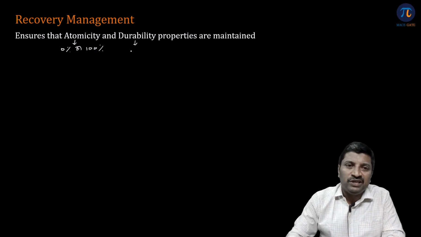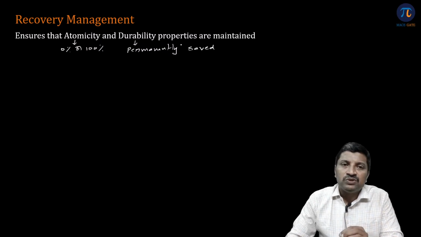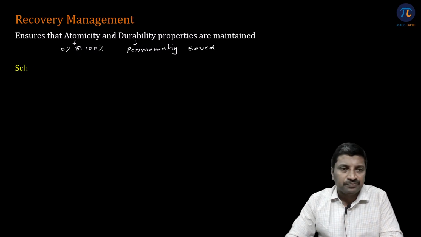What is durability? The data must be permanently saved. We should not lose any data under any circumstance, whatever the reason may be. So these are the two properties of transactions, and recovery management is responsible for these two properties.